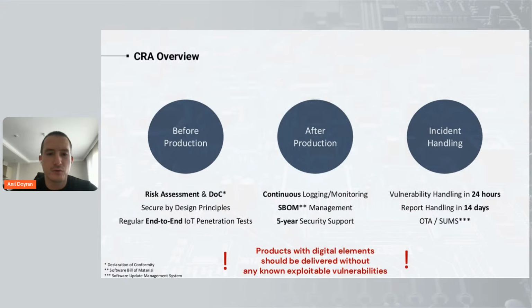When we look at the CRA overview, there are responsibilities for the device manufacturer before production, after production, and throughout the entire life cycle of the product. The devices must be designed with secure by design principles, and they must be continuously monitored in the field. If there is any vulnerability, it must be reported in 24 hours.